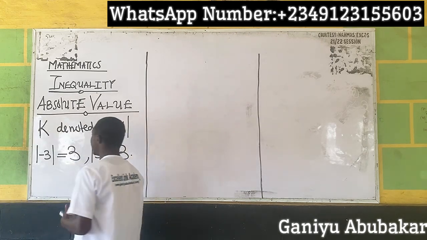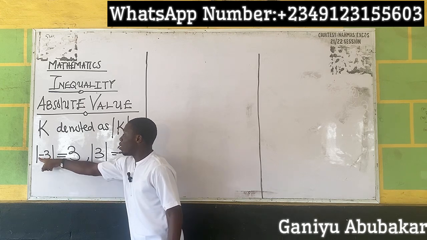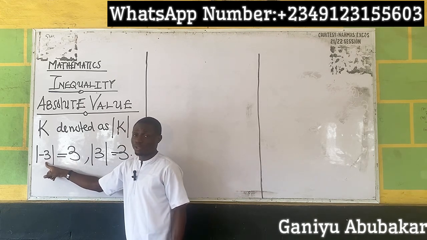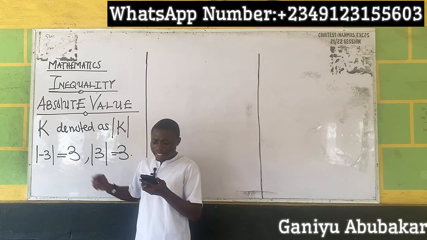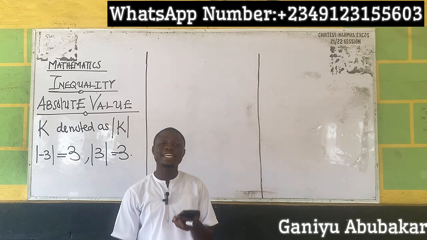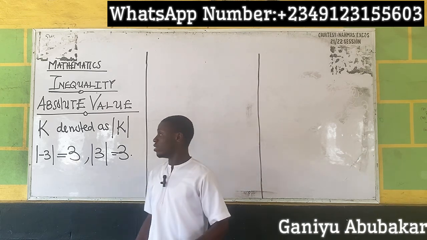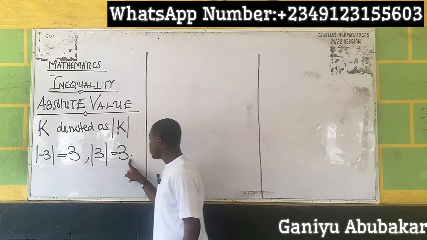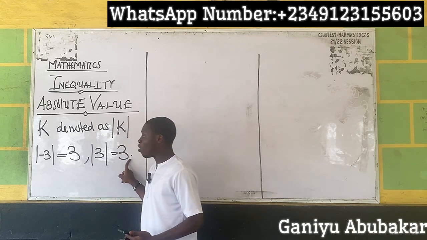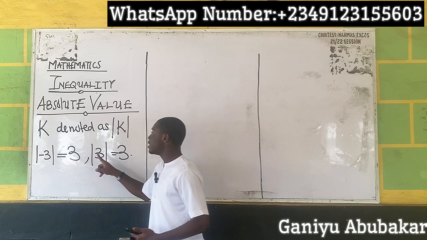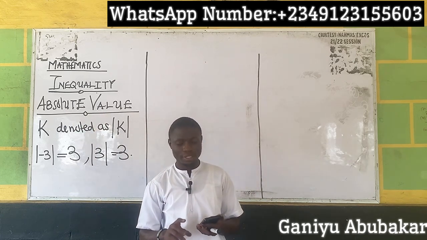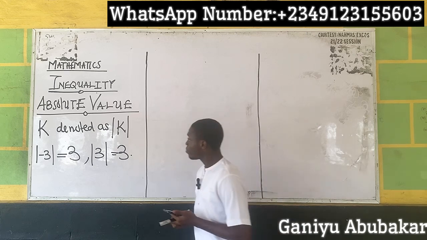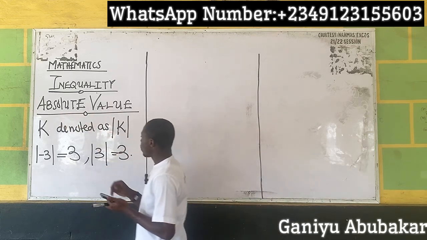So irrespective of the sign you put inside the absolute value, it always gives you a positive number of the same value. That's basically how you define absolute value.